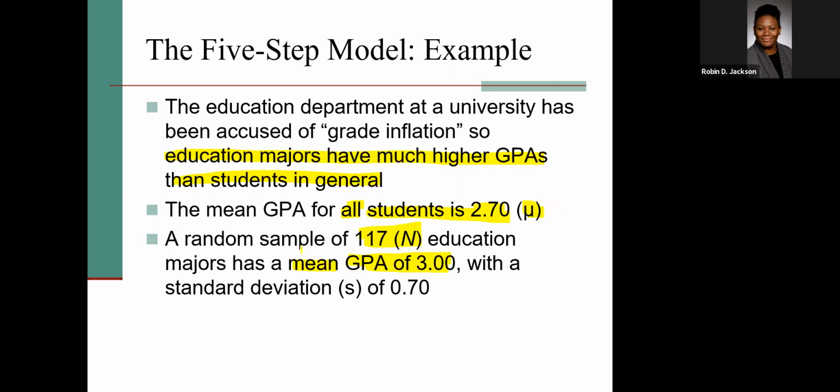It's telling us we have a random sample of 117 education majors with a mean GPA of 3.0, with a standard deviation of 0.70. This question is even giving you the clue. It's giving you the symbol for a sample standard deviation. And remember, it's important to look at all of this because this is where those formulas start changing and you have to pay careful attention. You can't just use the same formula for everything.